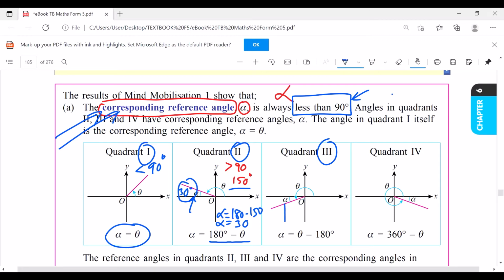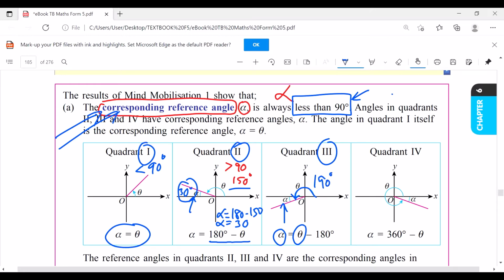So how do you find your alpha? Your theta you minus with 180. Let's say your theta is 190.